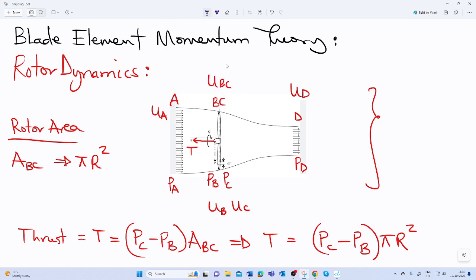Also, don't let us forget that the thrust equation to the momentum equals the mass flow rate to the variation of the velocity entity, UD minus UA.